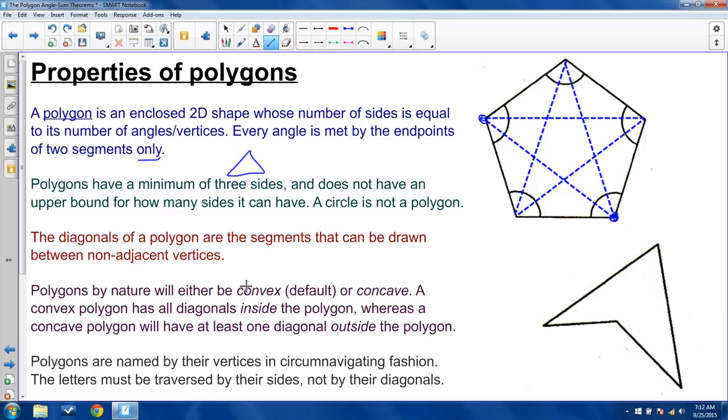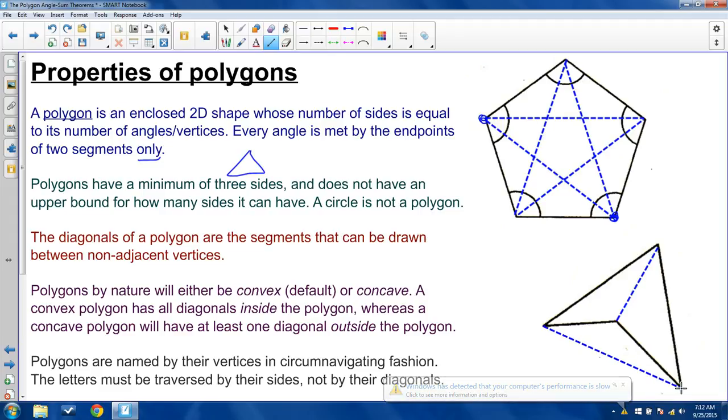Polygons will either be convex by default, like this kind, or concave, the more irregular looking ones that start to stick in, and that literally is what concave means. A convex polygon has all diagonals inside the polygon, whereas a concave polygon, although here's a diagonal that's inside the polygon, here's one that's outside of the polygon.